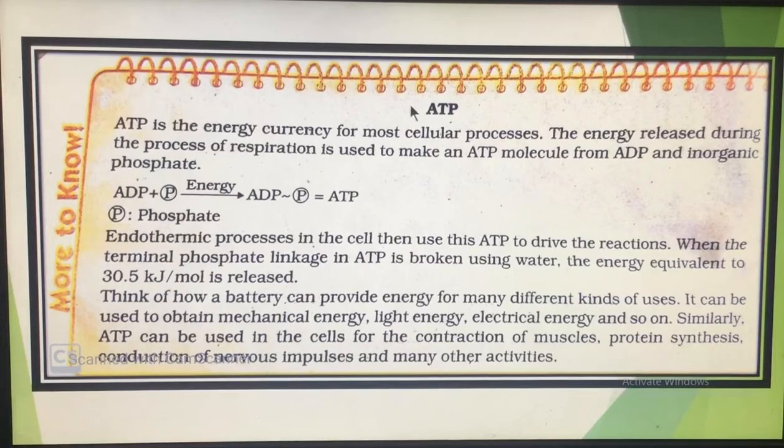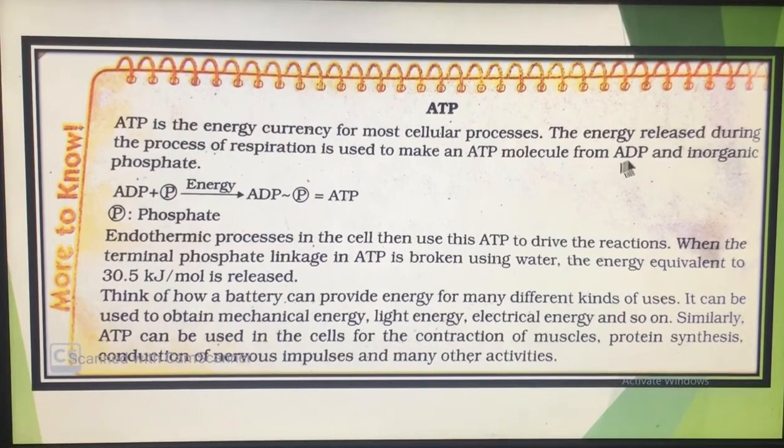One is the ATP. We have already completed the cellular processes, that is cellular respiration, and you must have found that during respiration, the energy which is produced from oxidation of glucose is converted into ATP from the ADP.